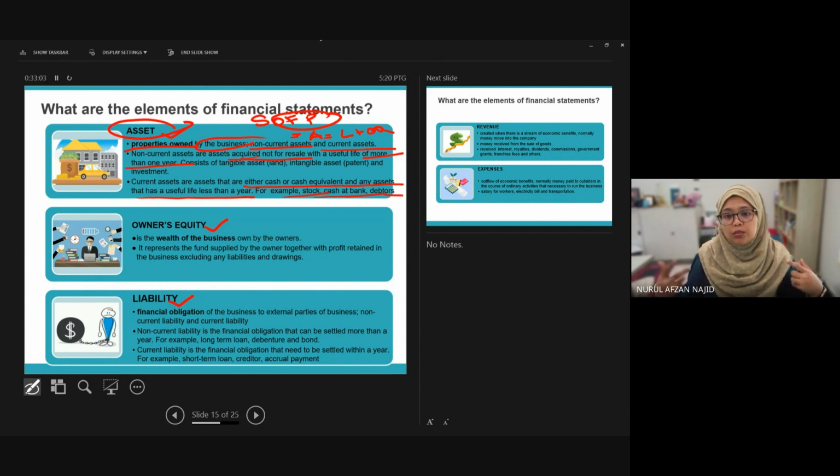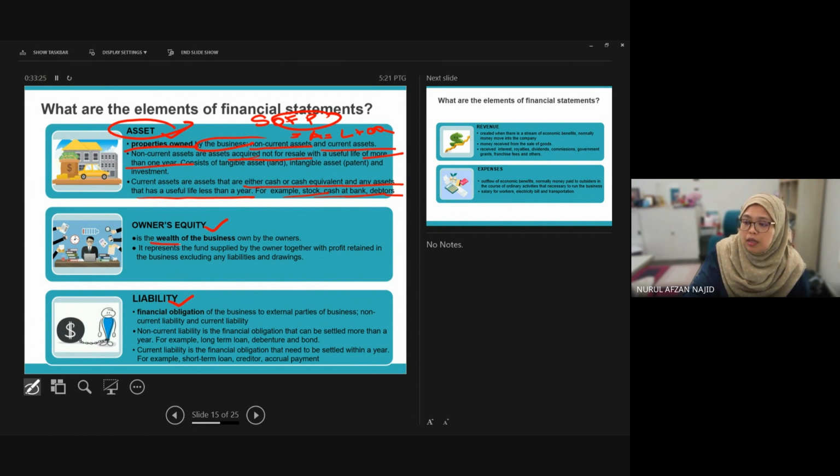So baju kurung, baju Melayu itu adalah kita punya stock. So stock itu adalah current asset. Sebab apa? Okay, memang kita dapatkan baju kurung, baju Melayu itu adalah untuk kita jual balik, untuk kita generate income. Okay, macam tu. You kena ingat the keyword yang ada lah. Right, then kita ada owner's equity.